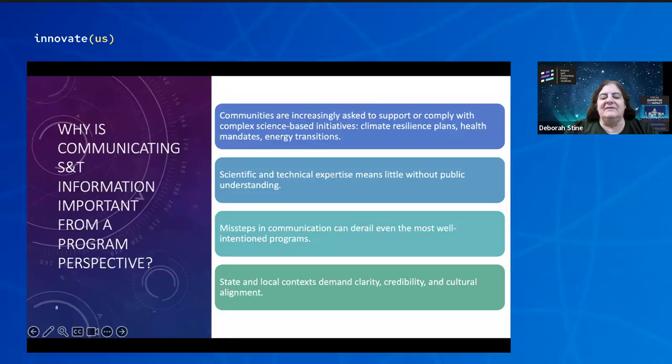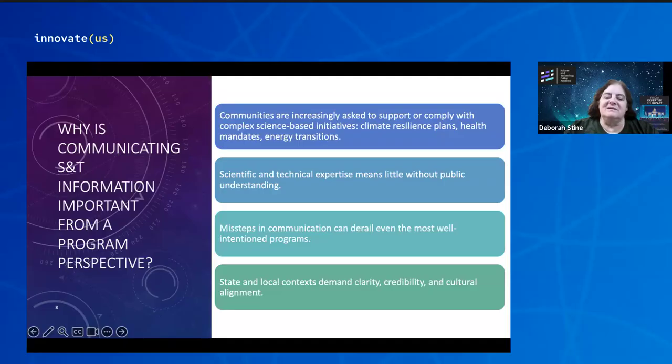And if you have a misstep in communication, it can derail well-intentioned programs. A good example of this is at the beginning of the pandemic. There have been studies by the National Academies of Sciences, Engineering, and Medicine, for example, that talked about challenges related to scientific communication and how information was conveyed, creating a lot of resentment in some populations, which made it harder to implement some of the programs.